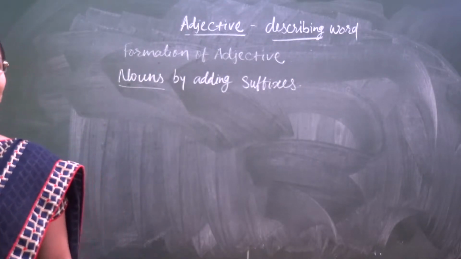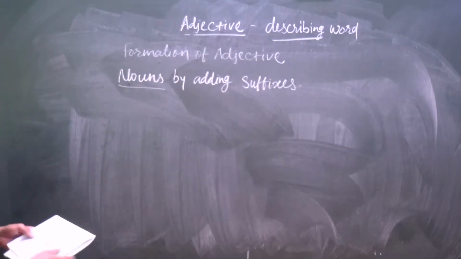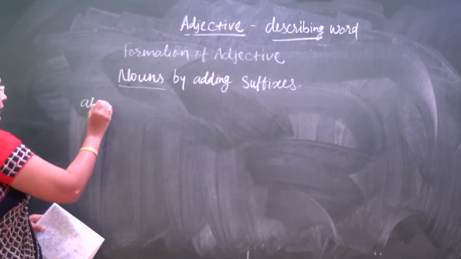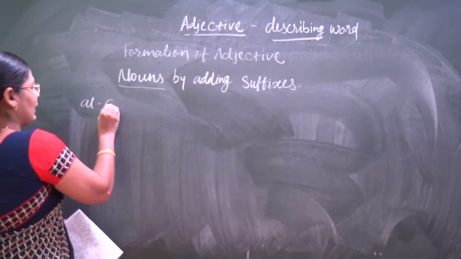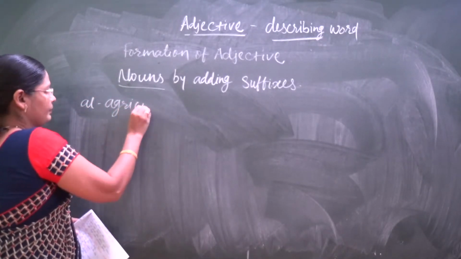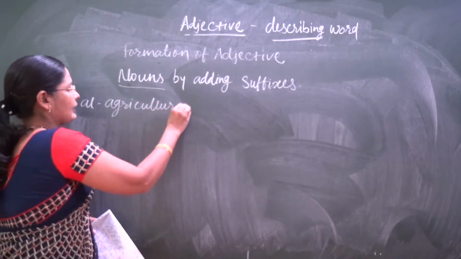And what are these suffixes? Let's look at them. Al: agriculture, agricultural.